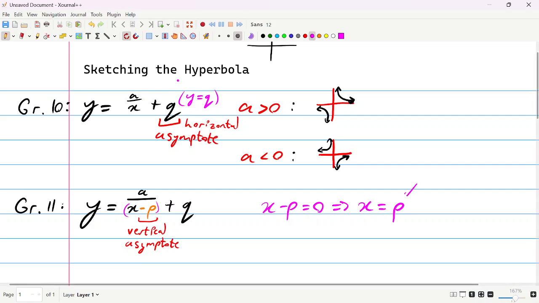This is our x asymptote, which is vertical. The asymptote equation is in the form of x equals p. So this is just some general understanding about what to expect. And then when we get into the example we're doing for this video, you'll actually see how it's used. So let's get into the example.